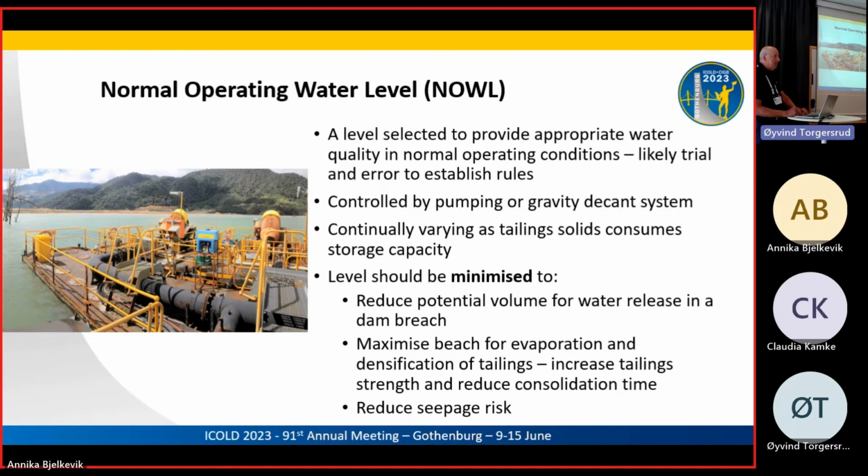But we really should be trying to minimise this water level, first of all, to reduce the volume of anything that is released if the dam does breach. And also we should be trying to increase the size of our beach to try and evaporate as much water as we can and get the beach as dense as we can.